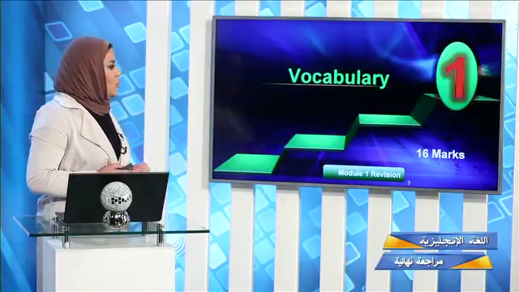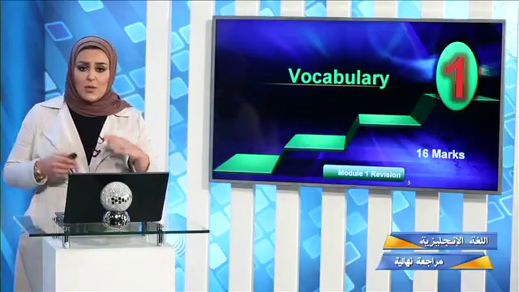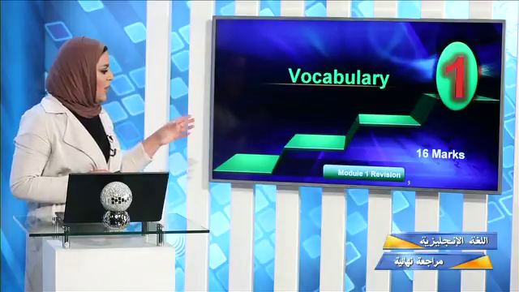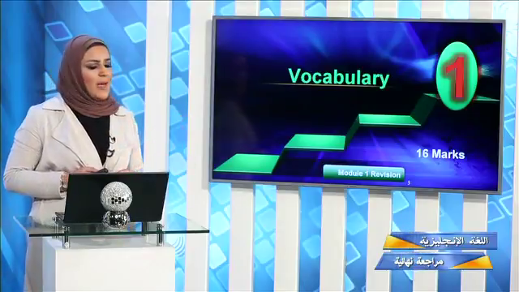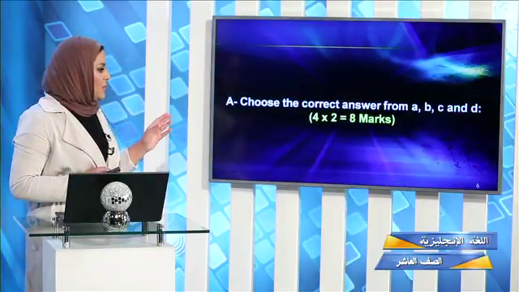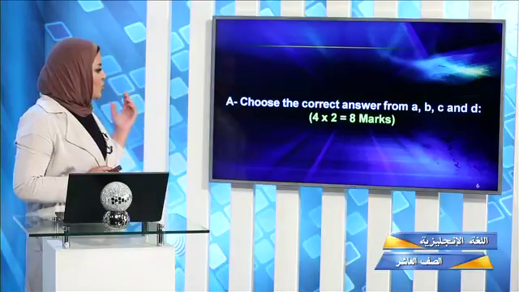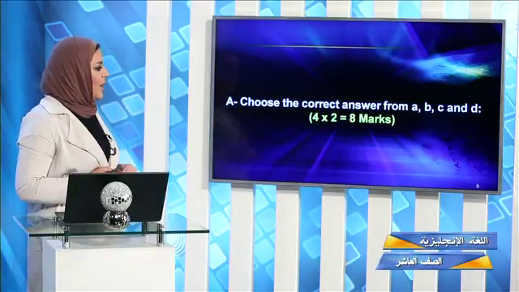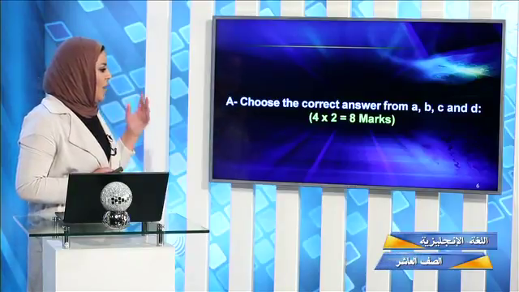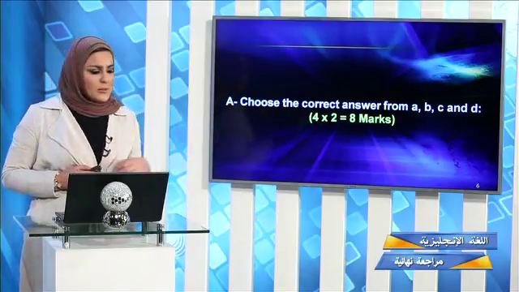Now, we will start with the vocabulary, which is the first section, if I can say so, in the exam. Of course, the total marks for the vocabulary are 16 marks. Now, these 16 marks are divided into 2 questions. The first question: choose the correct answer from A, B, C, and D. And we have 4 questions by 2, so the total is 8 marks.